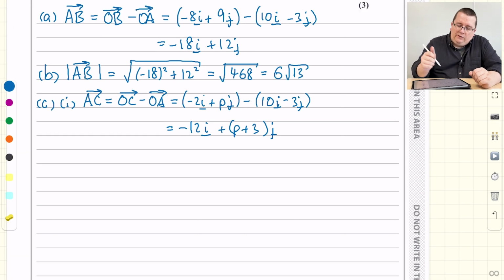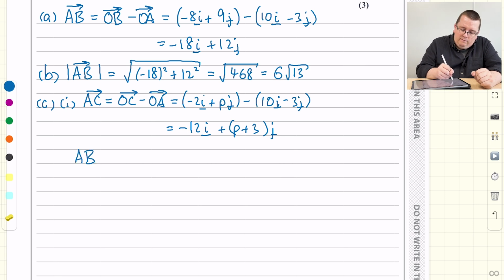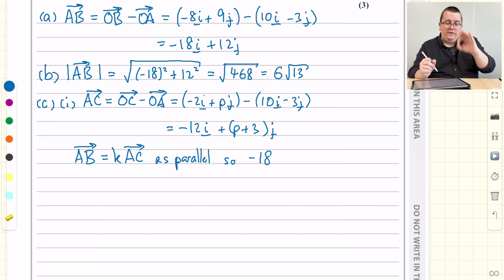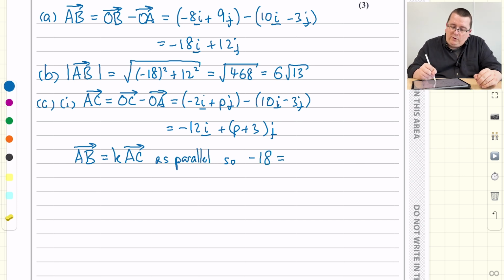So these two vectors, AB and AC, must be parallel, so AB is equal to some multiple of AC as parallel. So that means that minus 18, the i component of AB, must be equal to k times the i component of AC, so that's minus 12k.